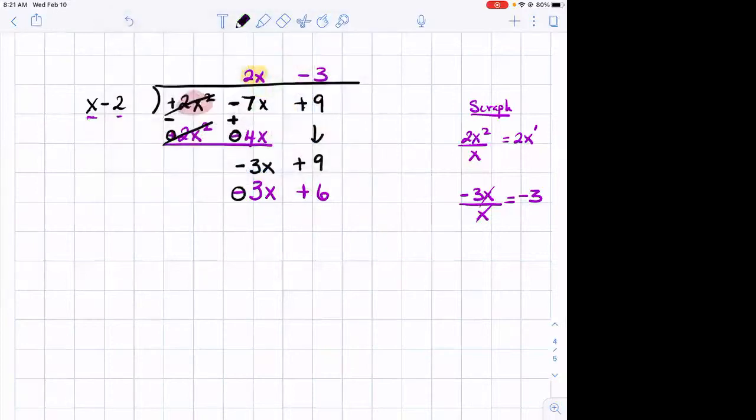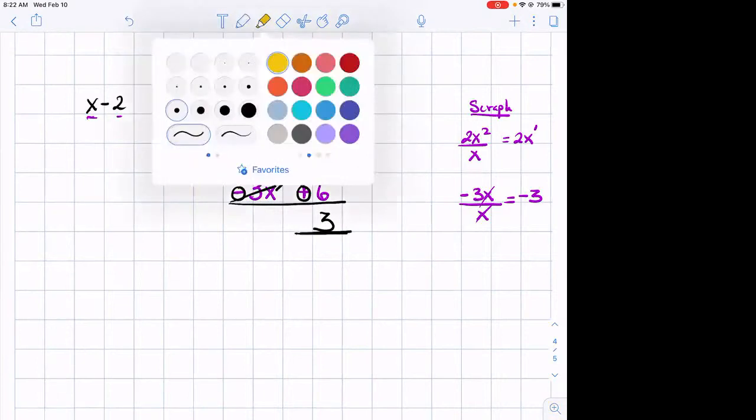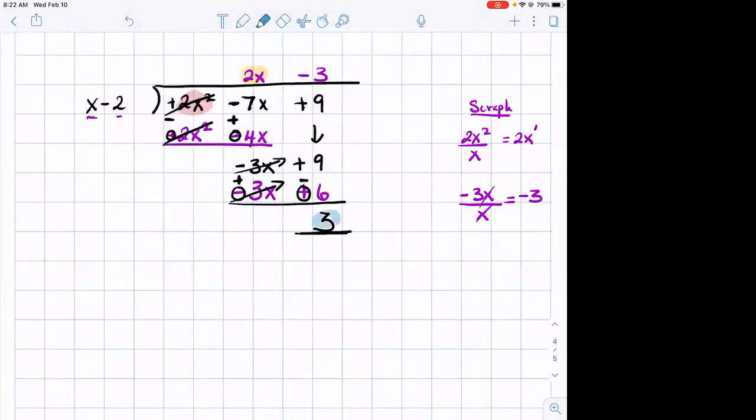So this minus changes to a plus, and this plus changes to a minus. And if we do this, we have 9 minus 6, which is 3, and this minus 3x cancels with that plus 3x. There is nothing else to bring down, so that 3 is my remainder.